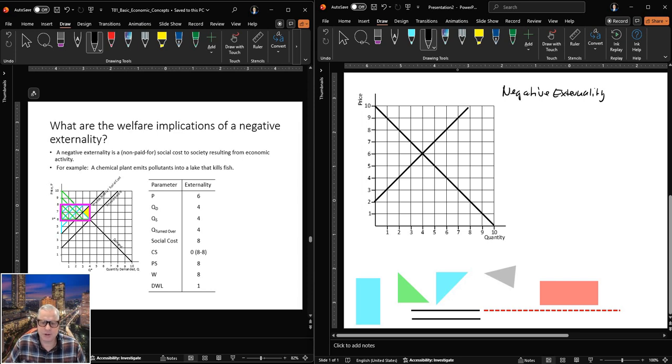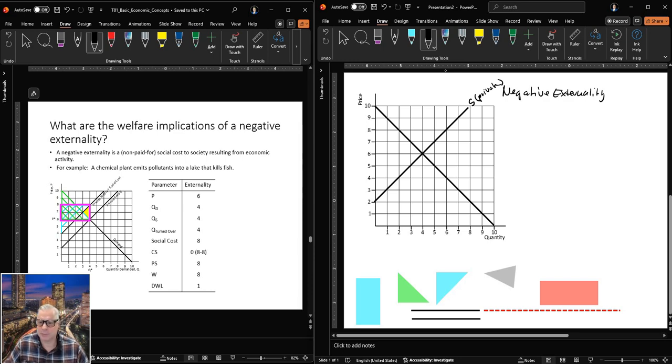So the way we model a negative externality in economics is by shifting up the supply curve by the social cost. In economics we call this supply curve the supply curve based on private cost. The supply curve is the reservation price that the producers have to charge in order to cover all their costs.